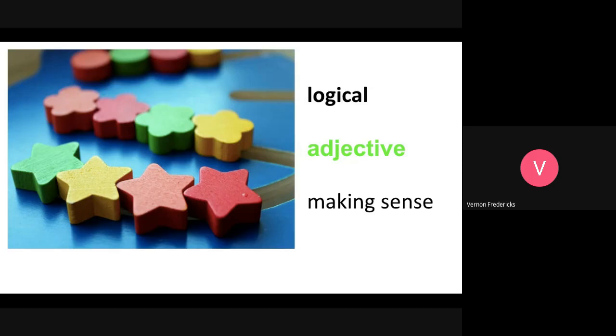For example, studying math maybe is not easy for everybody. For those students who like math, math is logical. It makes sense for you. You focus on it, you understand it, and when the exam comes, you have a good idea of how to fix the answers. So if something is logical, it makes sense for you.